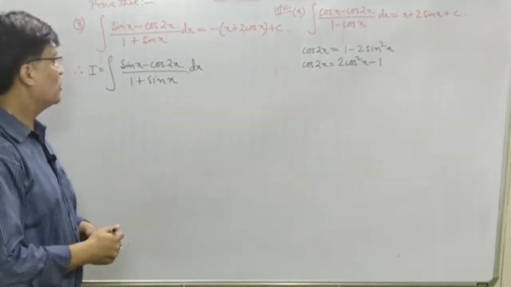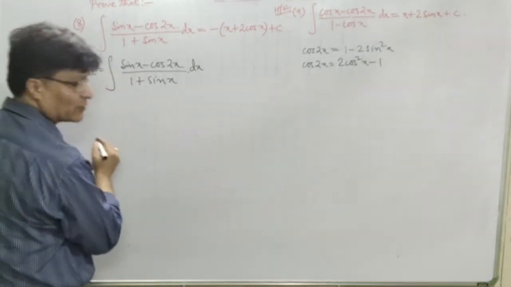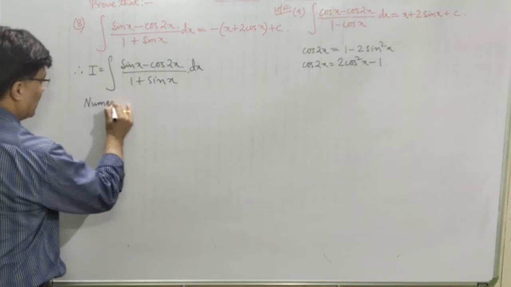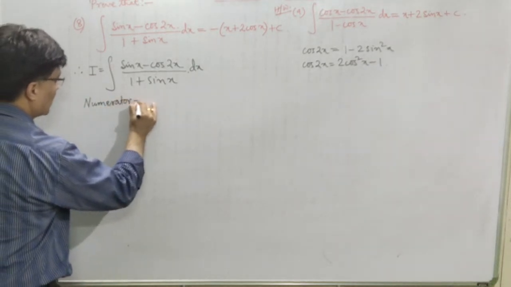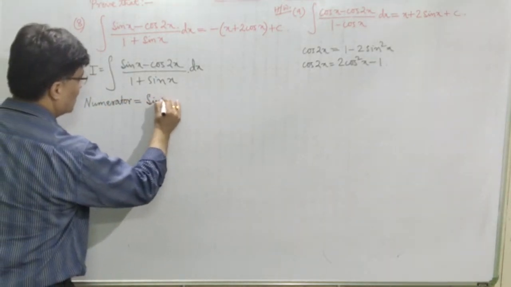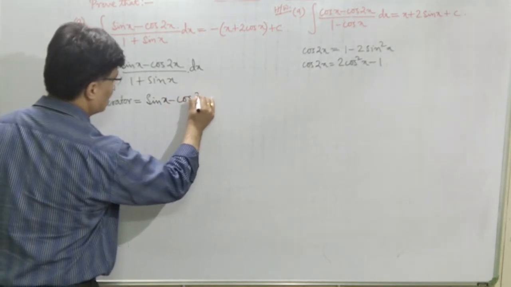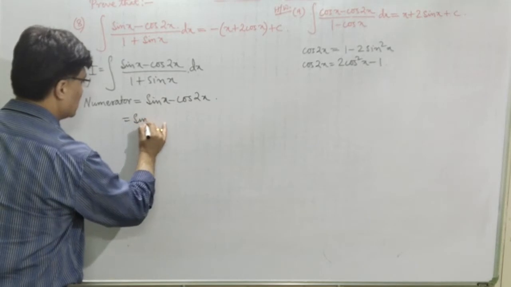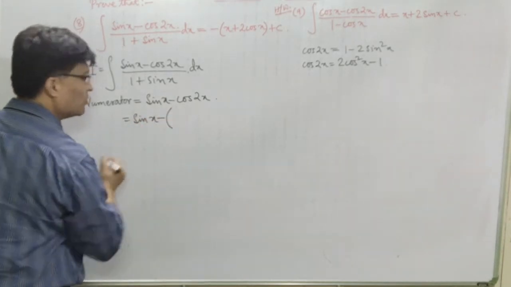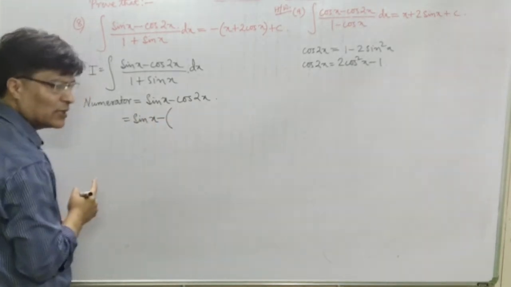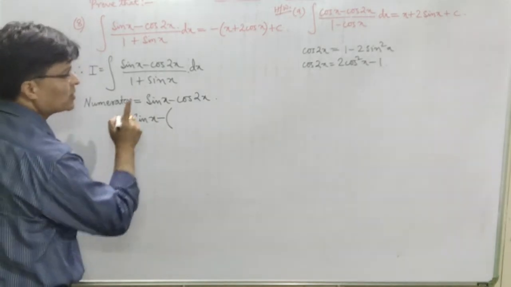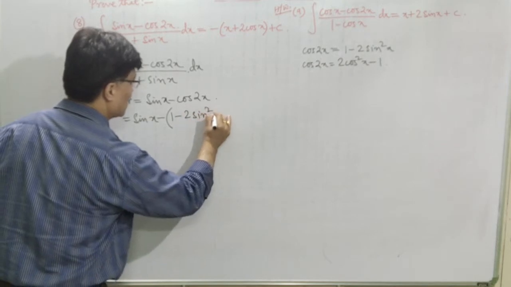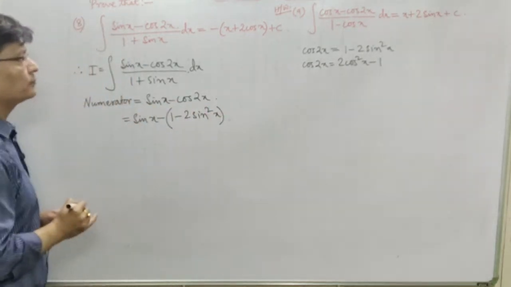Okay, so let us simplify this numerator first. Let us take out the numerator now. Let us simplify only the numerator. So here numerator is equal to sin x minus cos 2x, which is equal to sin x minus, within bracket, what is cos 2x? What is the formula for cos 2x? Cos 2x is 1 minus 2 sin square x.